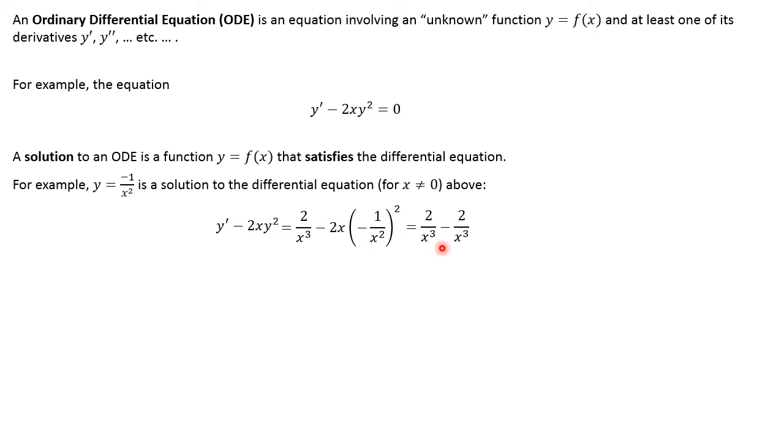You get this, which is 0, which is why I said that y equals negative 1 over x squared satisfies this equation, because when you plug that function into this expression, you do get left-hand side equals right-hand side.